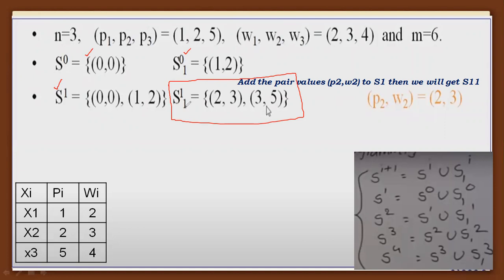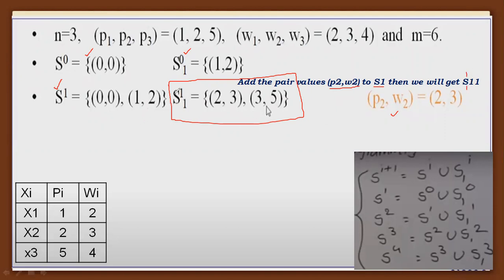This depends on the formula, that is, add the pair of values P2, W2 with S^1, then you will get the S^1_1 value.